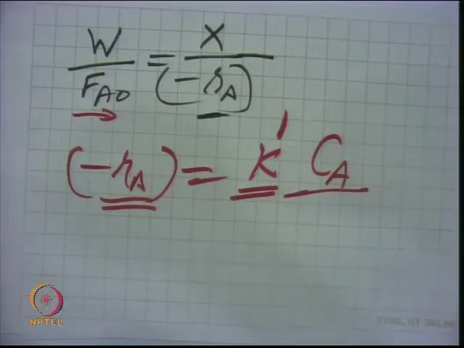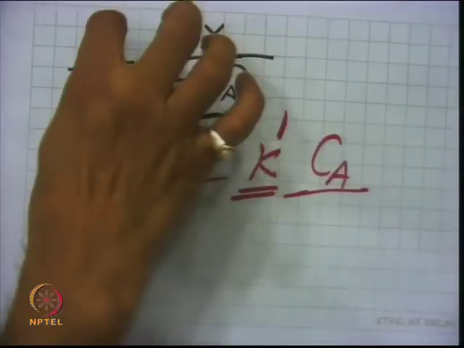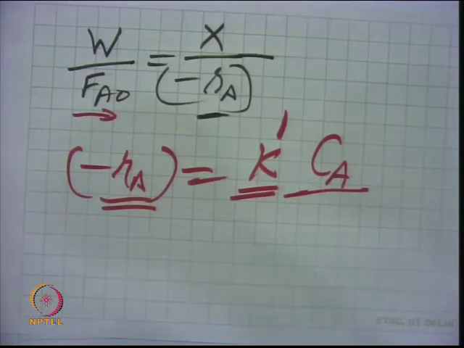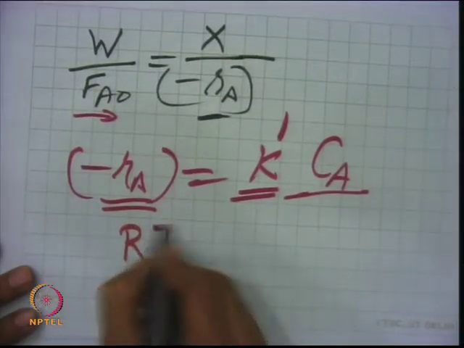Simultaneously one needs to find out, because this conversion will depend on the residence time. The smaller particle may spend lower time and the larger particle may spend higher time, or depending upon the superficial gas velocity and the size of the particle, there will be a distribution of particles. So, your conversion will also be a function of residence time distribution.